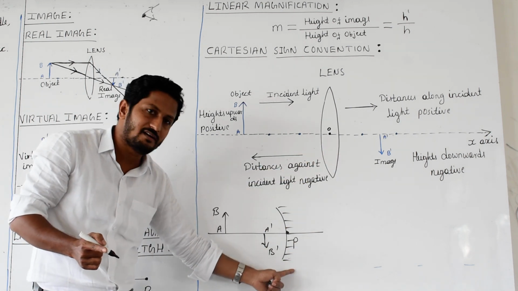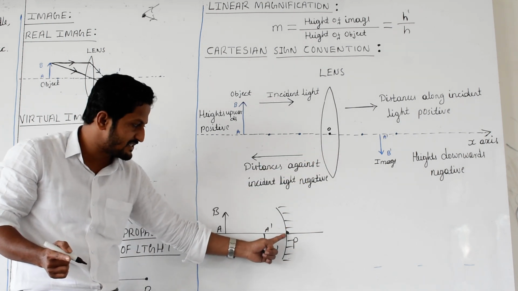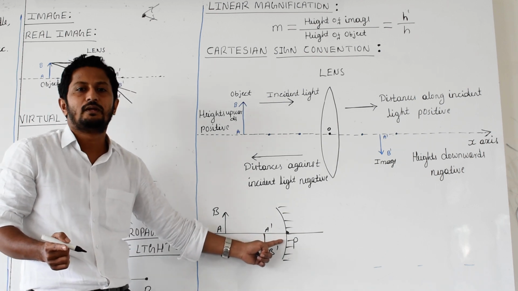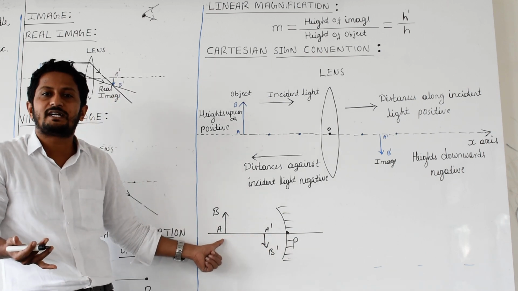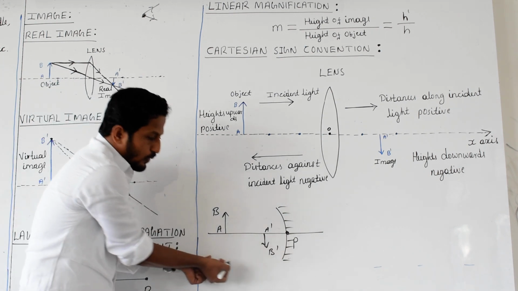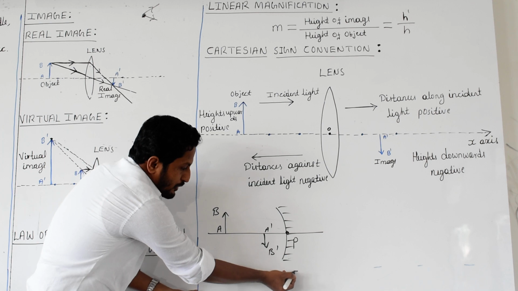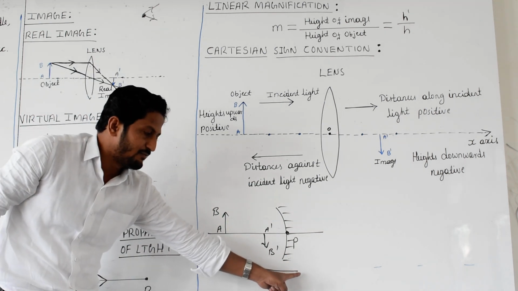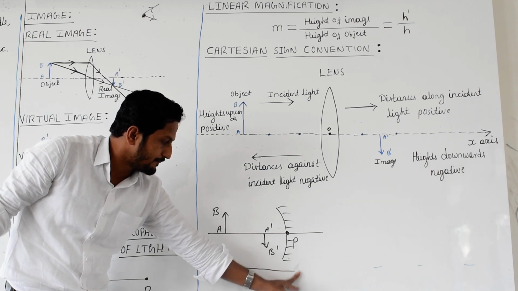If it is a mirror, you have to start measuring the distance of that object from the pole. Wherever the object is, you have to start measuring from the pole. You have to start measuring from the pole in this one.